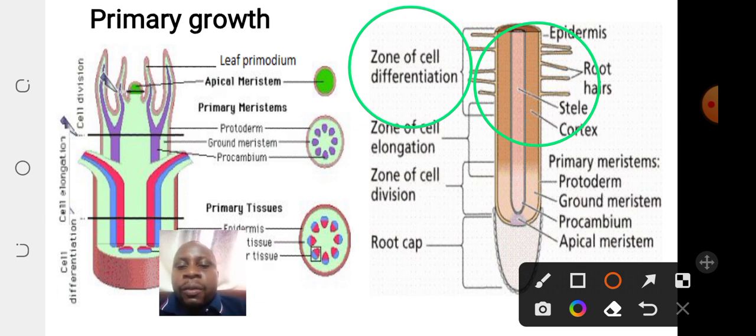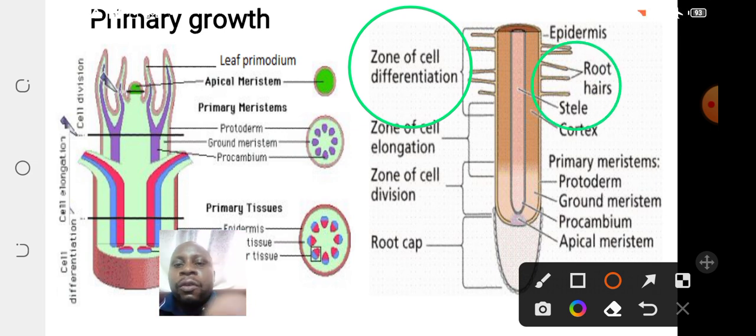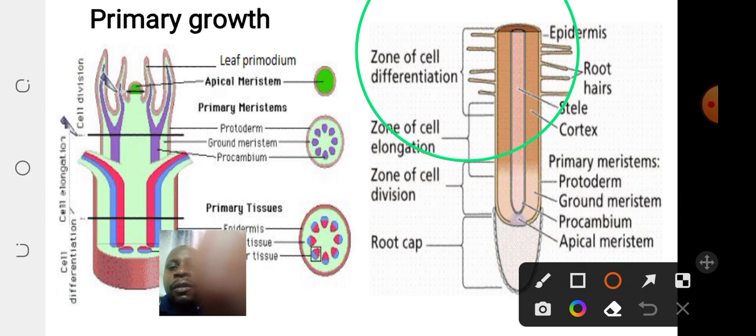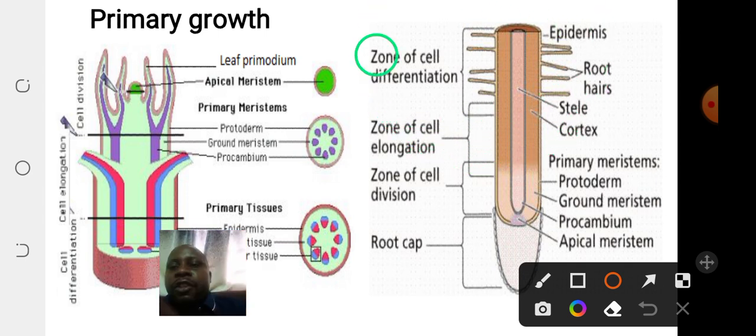And in roots, it is characterized by the formation of a lot of root hair cells. There are some root hair cells which are visible there. That is what forms part of the zone of cell differentiation.